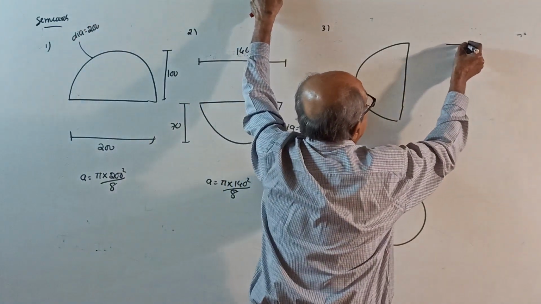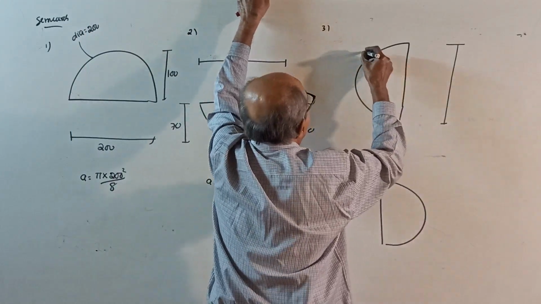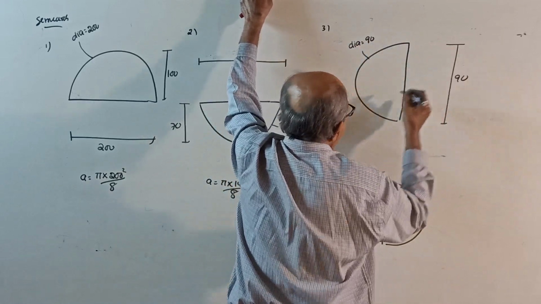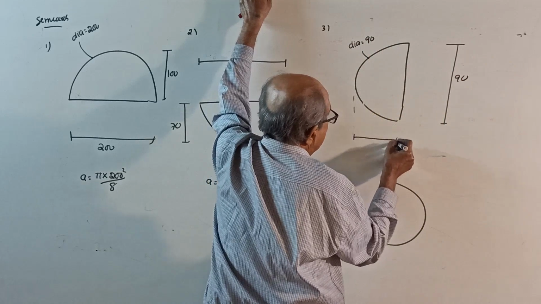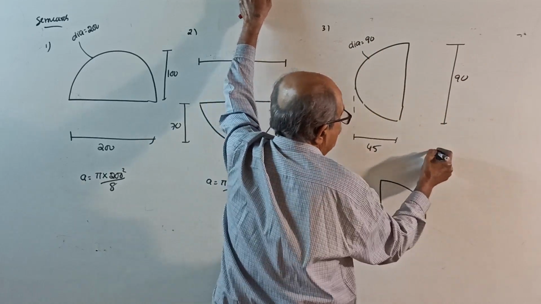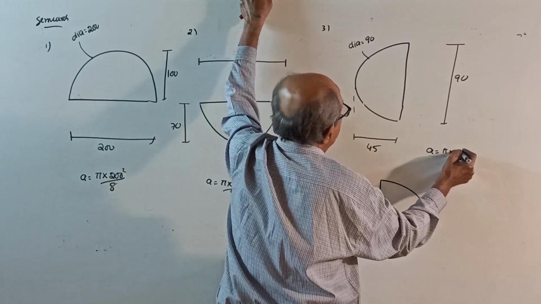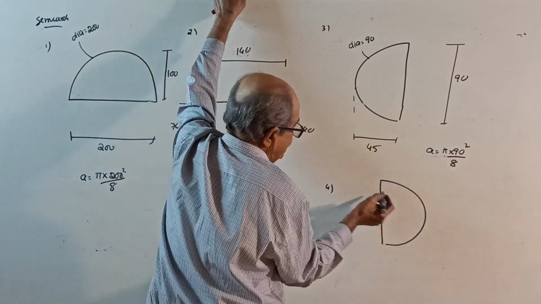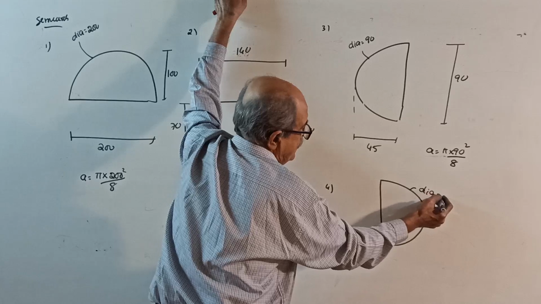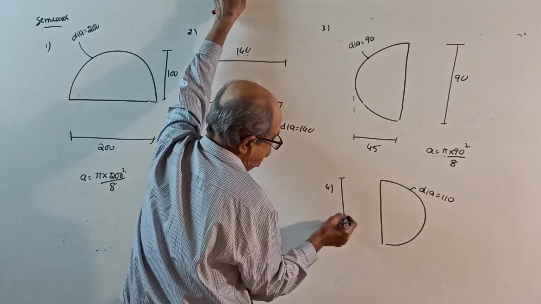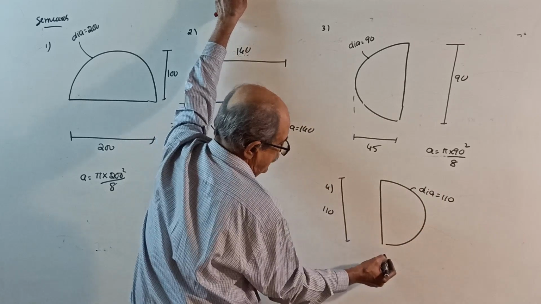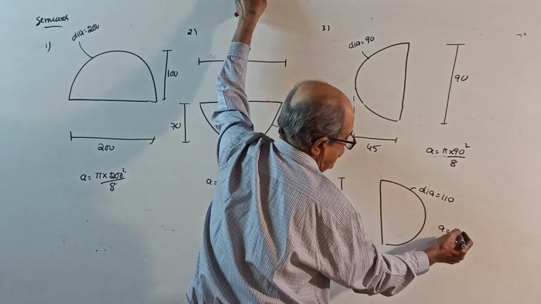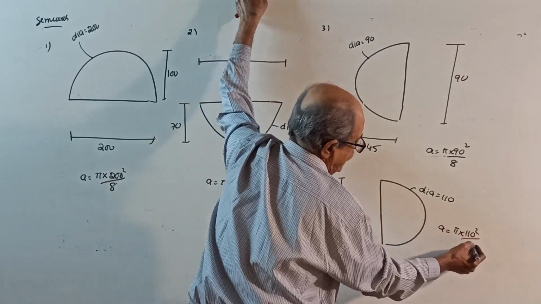Here, imagine the given diameter is say 90. So this is 90, and this is 45. Area for this one is pi into diameter squared divided by 8. Imagine for this one the diameter is 110, so this is 110. If you want this distance, it is 55. Area is pi into 110 squared divided by 8.